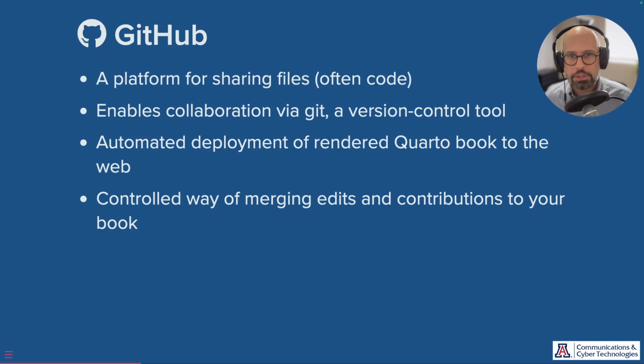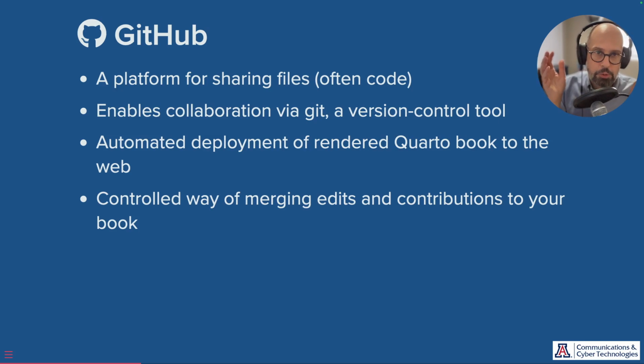GitHub also offers us a controlled way of managing edits and suggestions to the book. So if you think of a spectrum where on one end you have just like a shared Google Doc that anybody that has access can make suggestions to, which is great. You don't have to think about it a lot, but also it's kind of hard to keep track of who made which edits when and why. And then on the other end of that spectrum, you have like a PDF file that is generated from a Word doc that lives on your laptop.